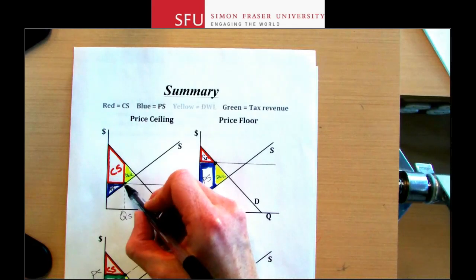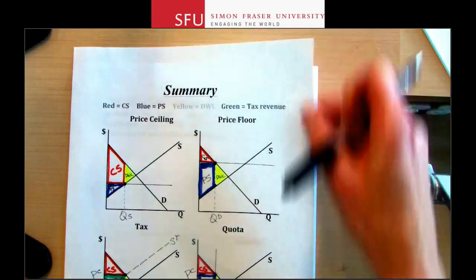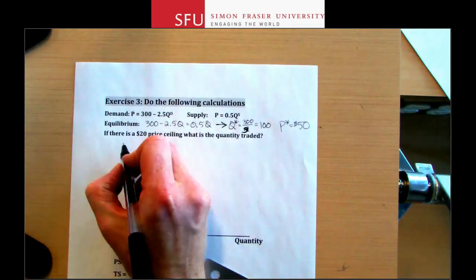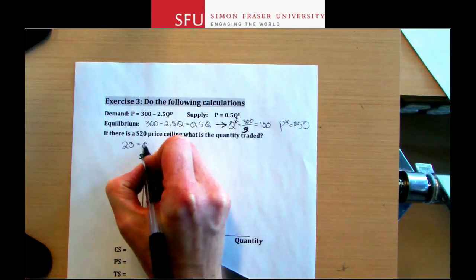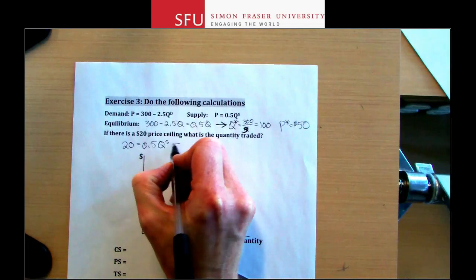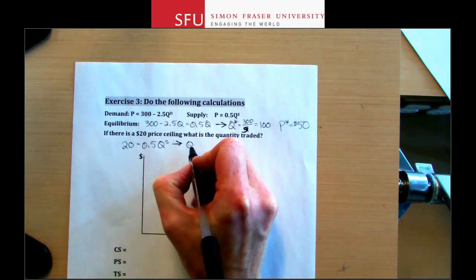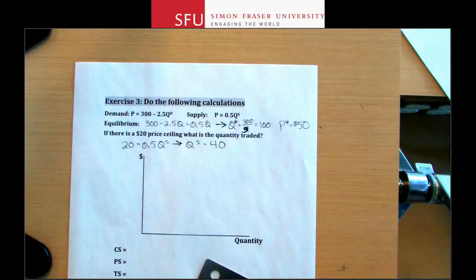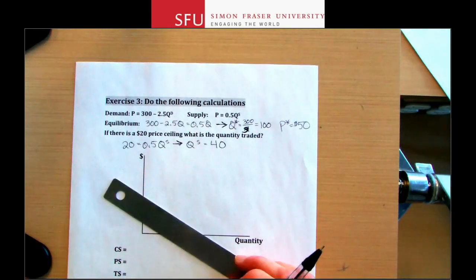It's the quantity given by the supply curve. Okay, so we'll figure out what that quantity is.